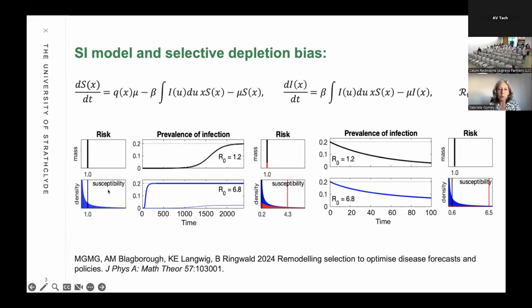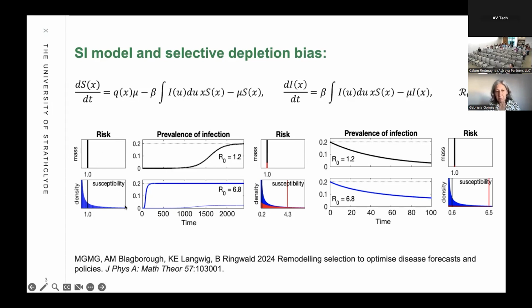And if we include a susceptibility distribution with a variance of 10, I think I did in this case, the growth curve for infections is very different. It can reach the same endemic equilibrium, but it needs a much higher R0 in order to reach the same endemic equilibrium.